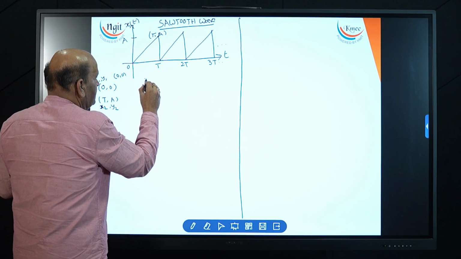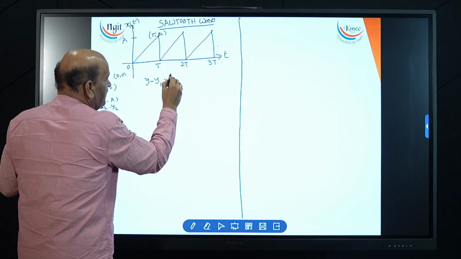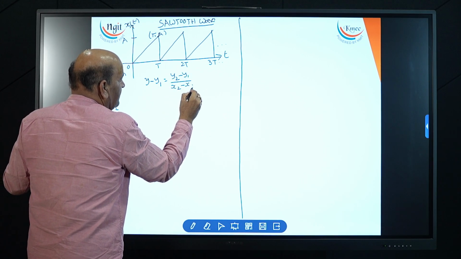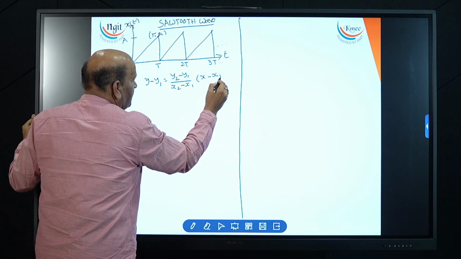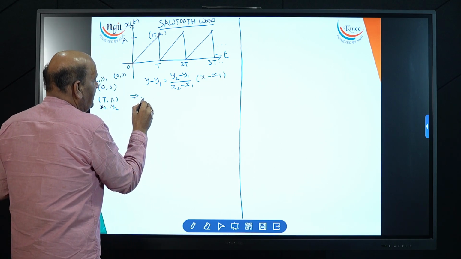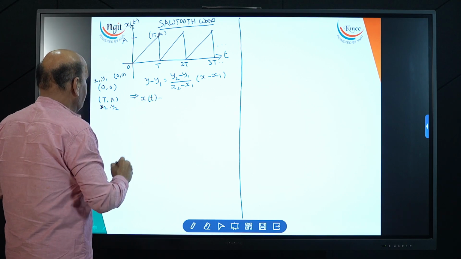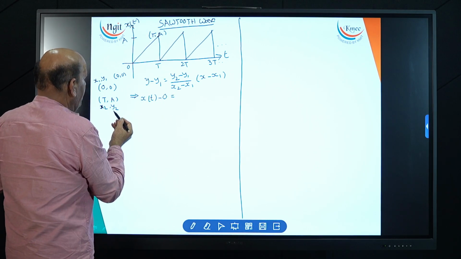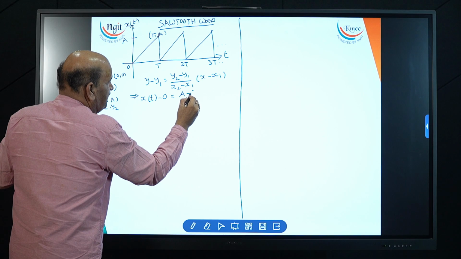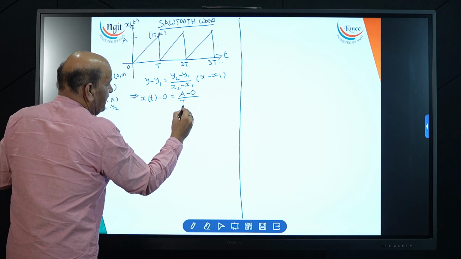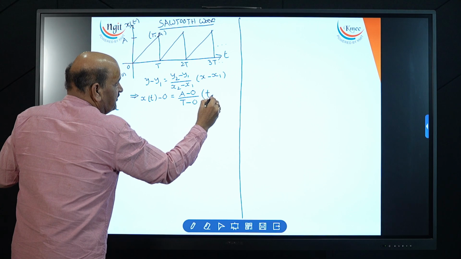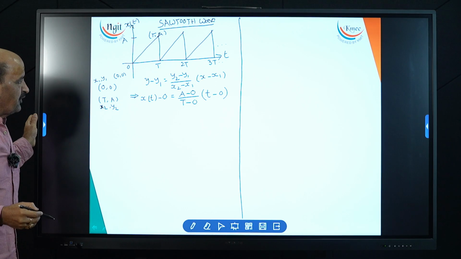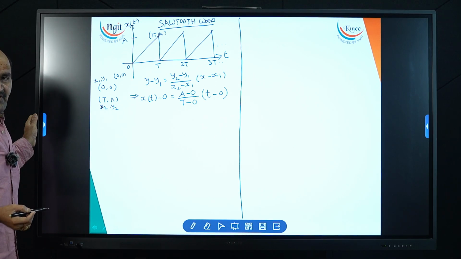In signals and systems, y means x of t, y1 is 0, y2 is A, x2 is T, x1 is 0, and x is the time variable, small t.